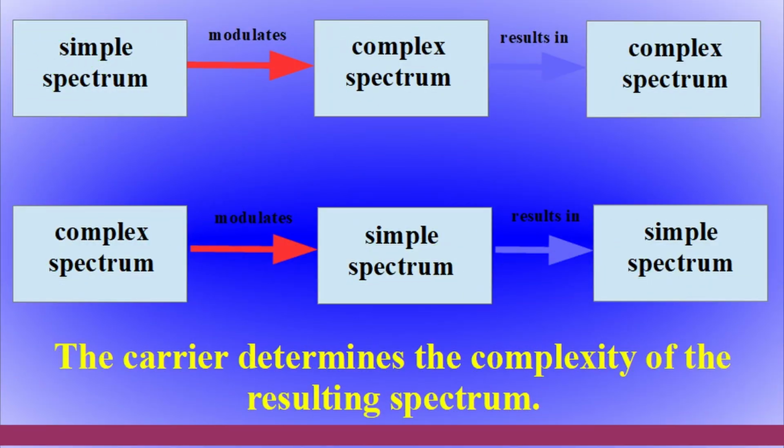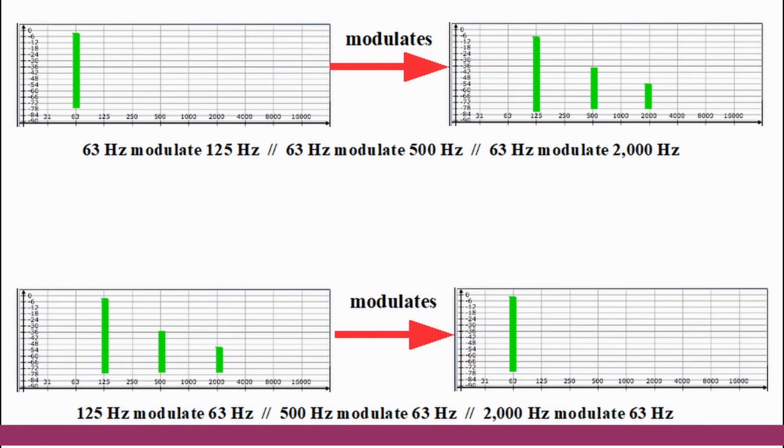Let me explain another phenomenon which we observed while comparing different wave modulations. When we have two different wave shapes, one modulating the other, it makes a huge difference which one is the modulator and which one is the carrier. First of all, why should this be surprising? Well, let me change the terminology to one spectrum modulates the other one, which means each and every partial in spectrum 1 is modulated by each and every partial in spectrum 2.